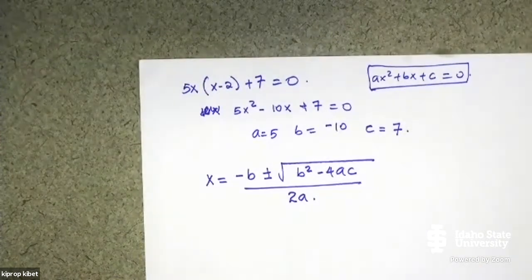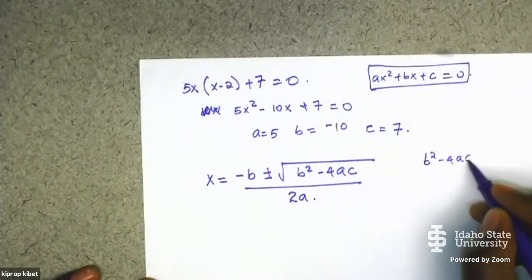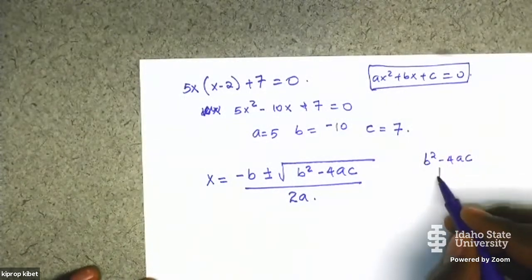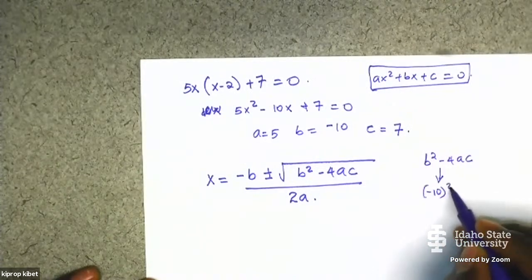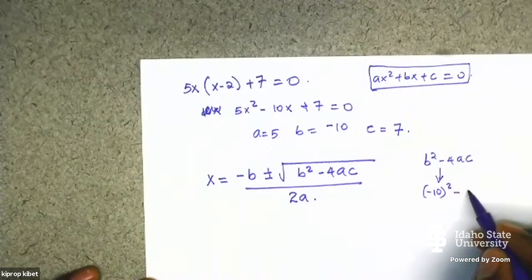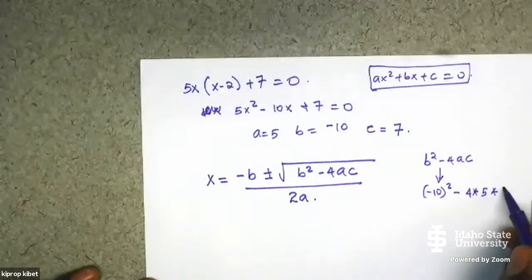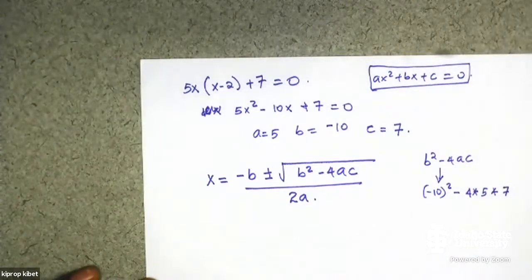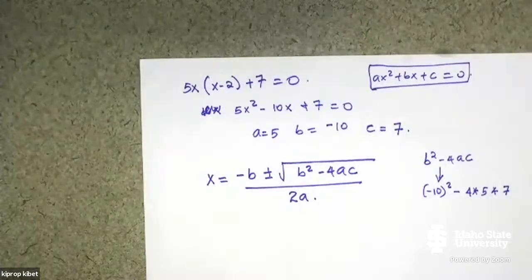Now you can check the kind of solutions that you're going to get by use of the discriminant, b squared minus 4ac. Our b is minus 10, and then you square. Then minus 4 multiplied by a, which is 5, multiplied by c, which is 7. So what happens there?